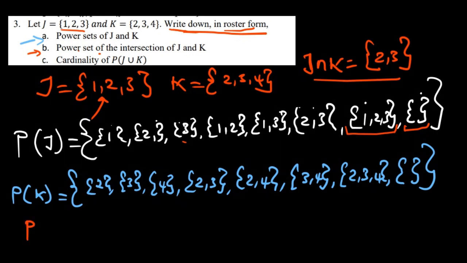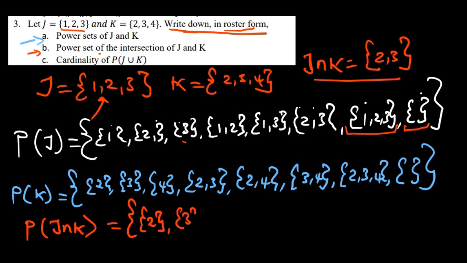The power set of J intersection K is equal to: we can have the 2 itself, the 3 itself, then the 2 combining with the 3, and then we can have the empty set.